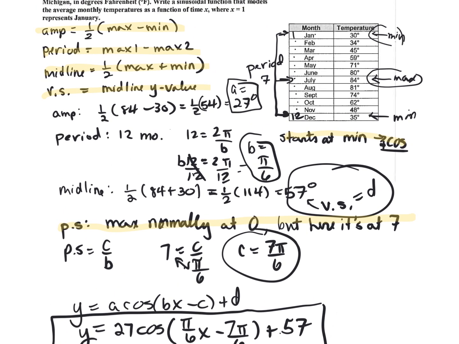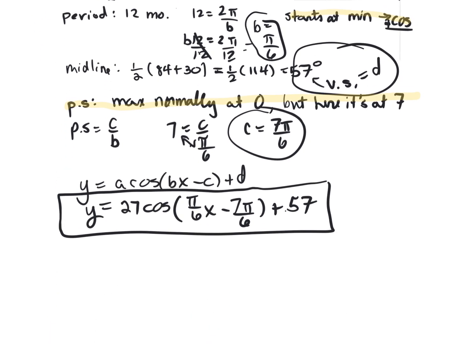Now, what if we had decided to leave it at a min right here? Then it would have changed this. We would have had negative cosine, and we would have only had a phase shift of 1. The only thing that would have changed is this right here.